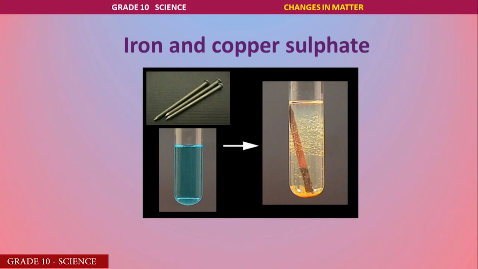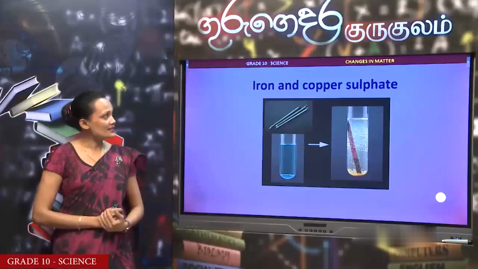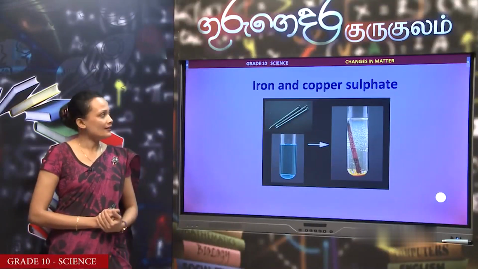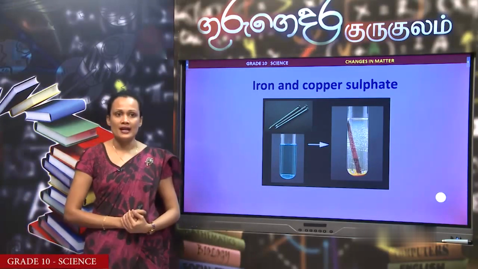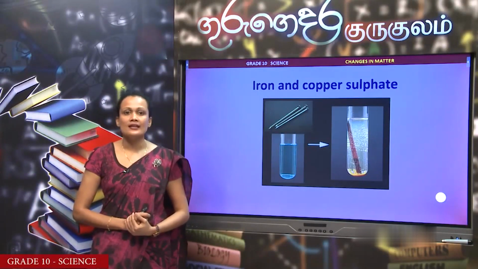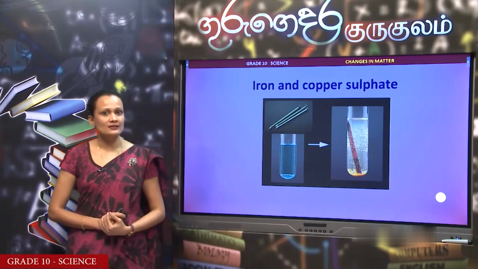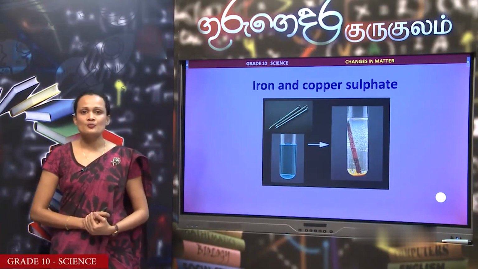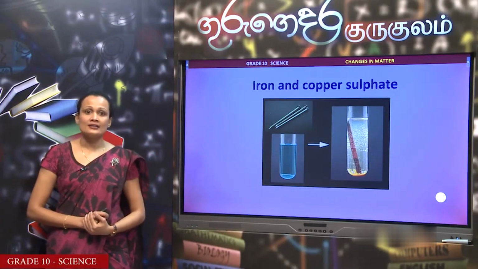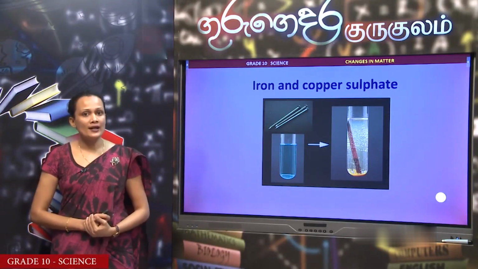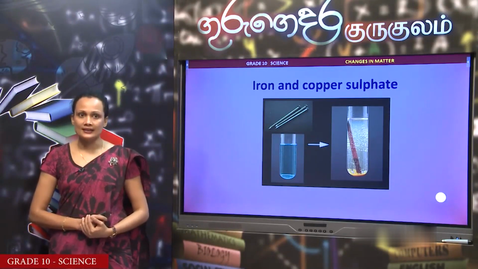The color of the copper sulfate solution reduces and there is a powder which is deposited in the water. That means iron reacts with copper sulfate and you can observe a color change occurs. Likewise, in some chemical changes the color change may occur. That's why changing of color is one evidence for a chemical change.